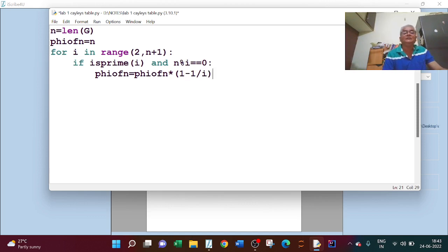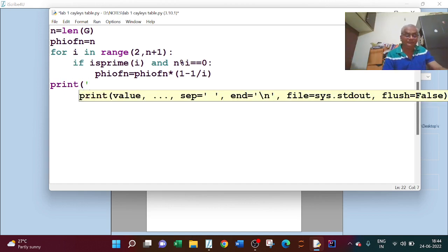First time, in that example, if it is 20, then I have taken this equal to 20. Pi of n value is equal to 20 into 1 minus 1 by 2, then 20 into 1 minus 1 by 2 into 1 minus 1 by 5. So finally, after coming out of this for loop, I will print this. Print pi of n, you can write in capital or small, no problem.